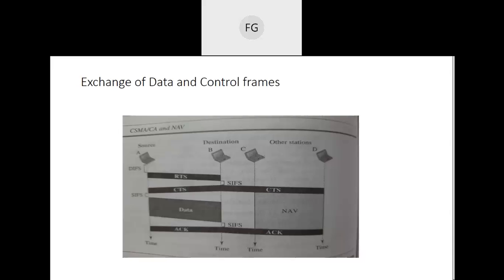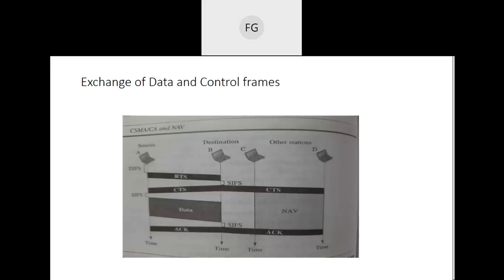And another problem is the hidden station problem. For this type of problem, one solution is again the use of the handshake frames called the RTS and the CTS.